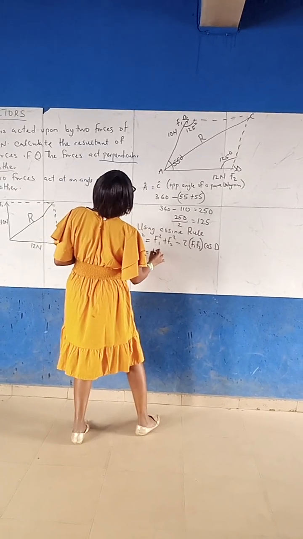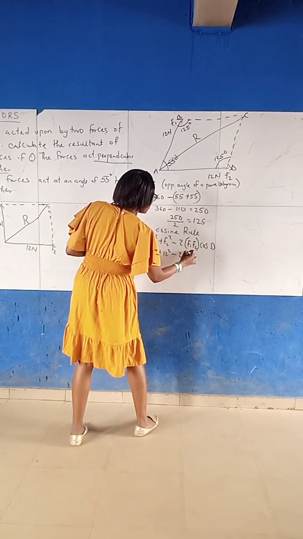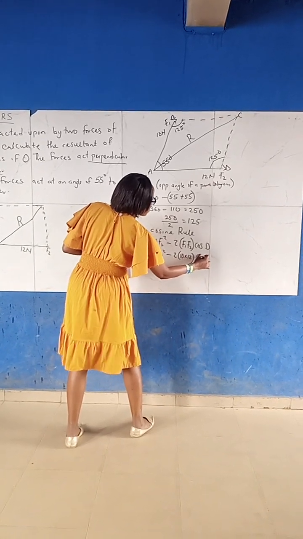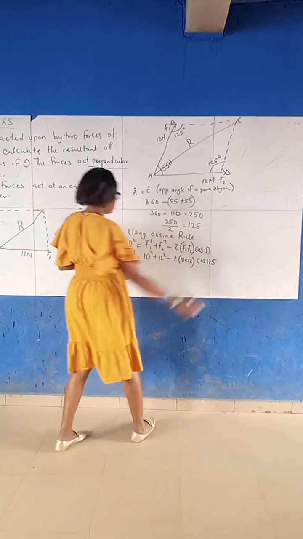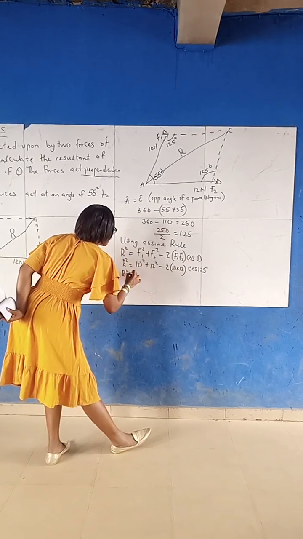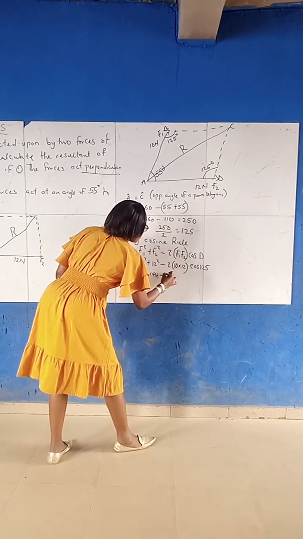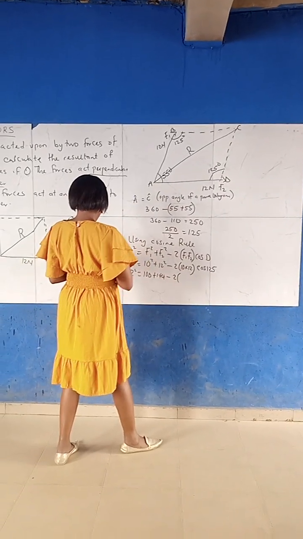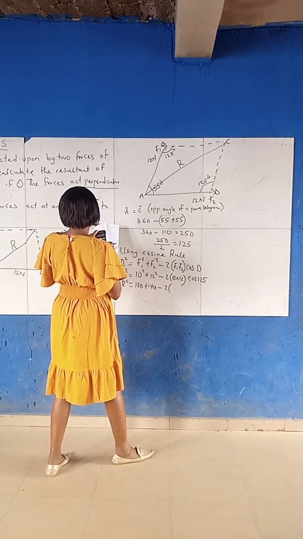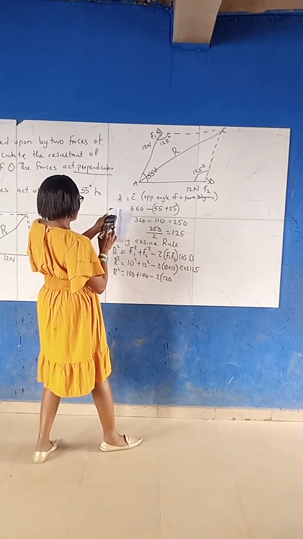F1 is 10, so 10 squared plus 12 squared minus 2 times 10 multiplied by 12 cos 125. Now my R squared is going to give me 100 plus 144 minus 2 into 10 multiplied by 12, which is 120, then cos 125.